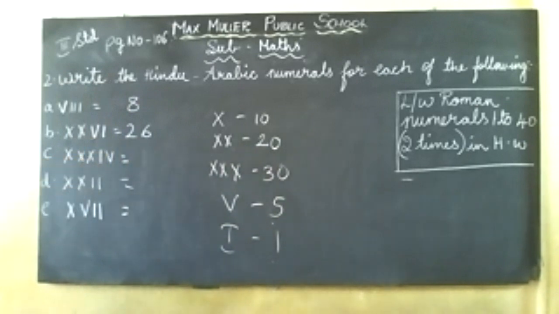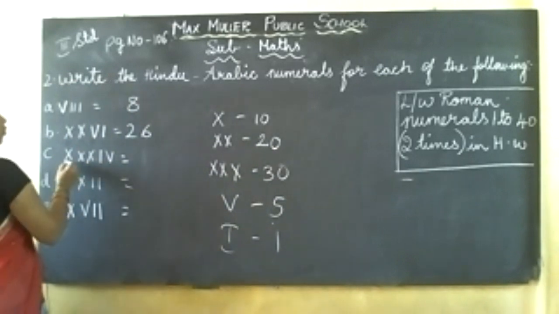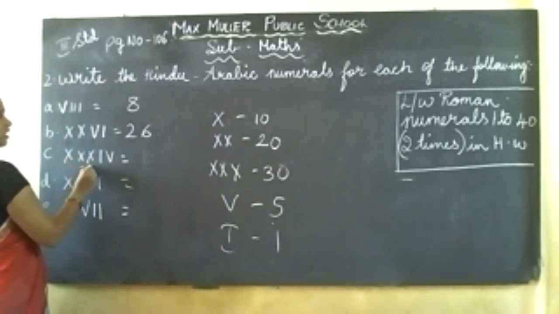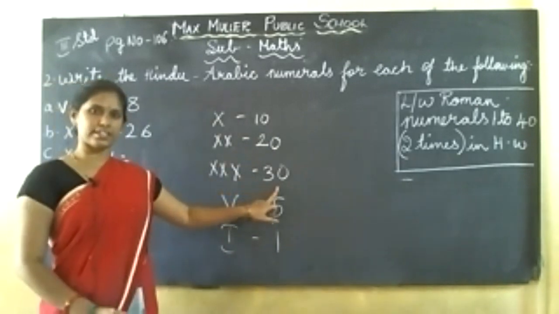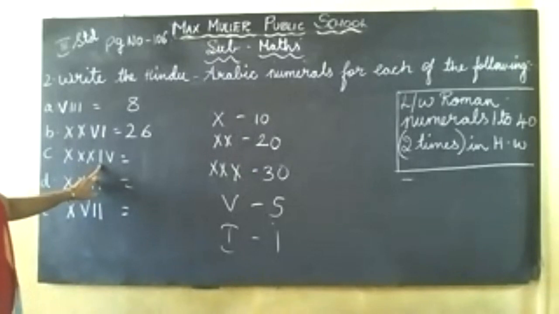Understood, all of you? Next one you see, here they have given 1, 2, 3. 3 x's are there. So 3x means how much? 30. I means 1. V means 5. Yes or no?